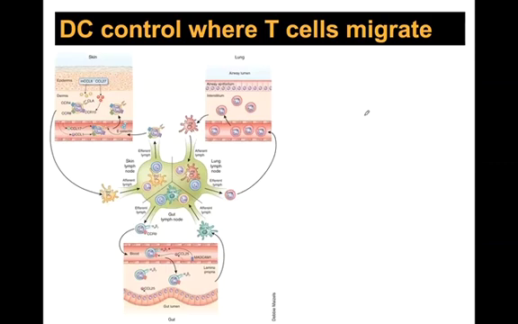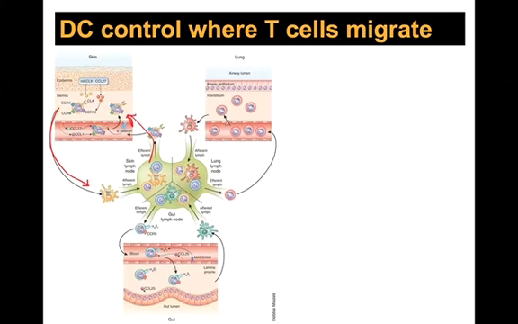So there's a couple of issues here. One is you want to make this process more efficient. You want the cells to sort of know where to go. And so this is actually controlled by where the dendritic cells came from. If the dendritic cells are coming from the skin, you want them to inform the T cell that you should go back to the skin.